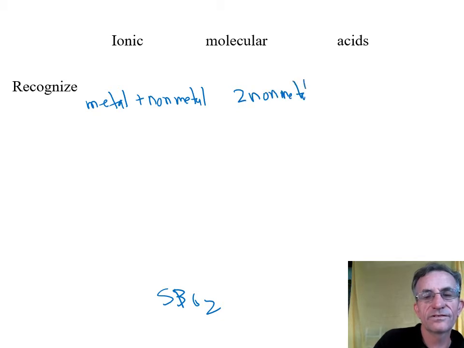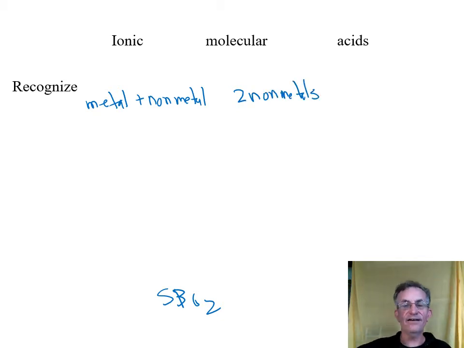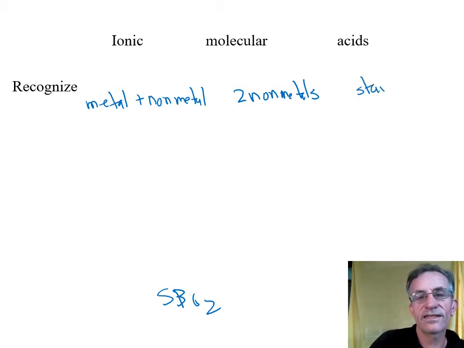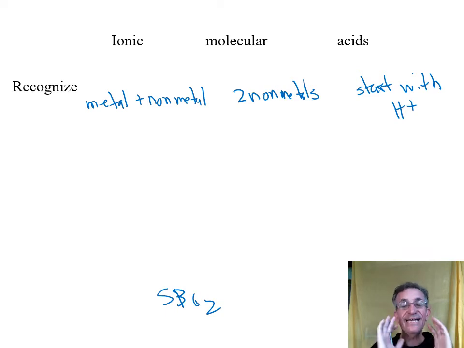If all you see is stuff from the top right corner of the periodic table, it's molecular. If it's an acid, it's going to start with H. If you see a formula that starts with hydrogen, it's an acid. So you've got to know the category. If you don't know the category, you're not going to know how to name it, because they're all named different ways. So let's figure out the category, and then let's worry about naming it.